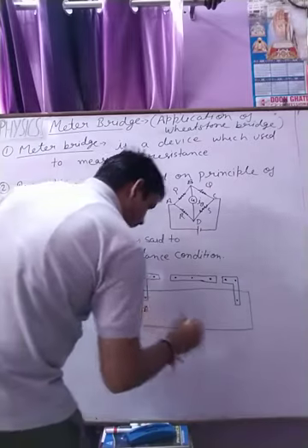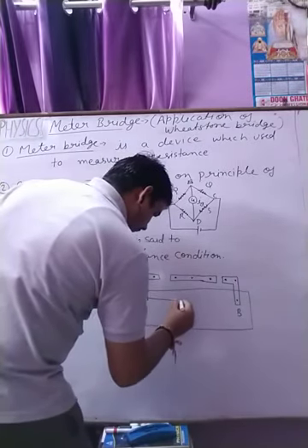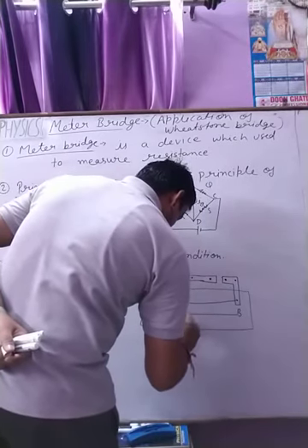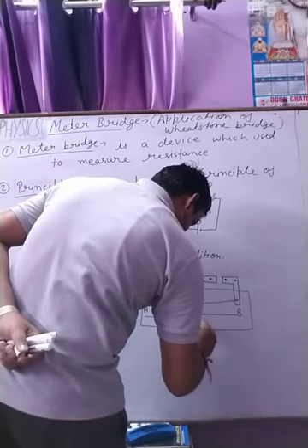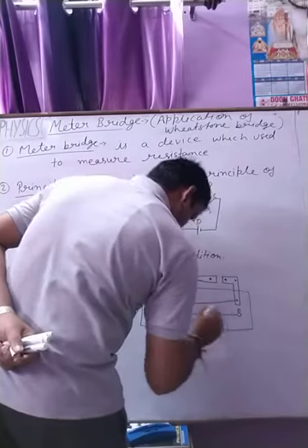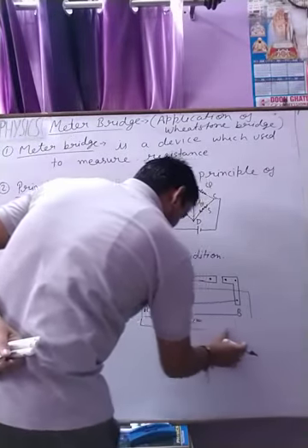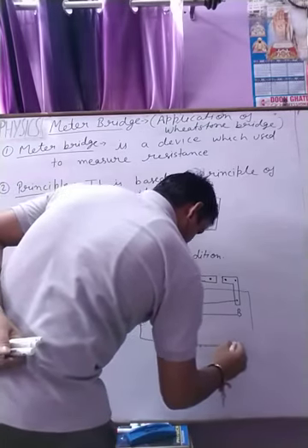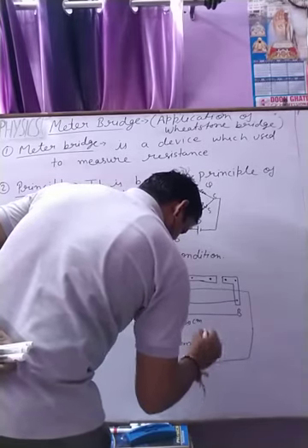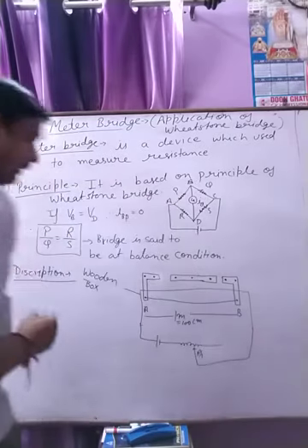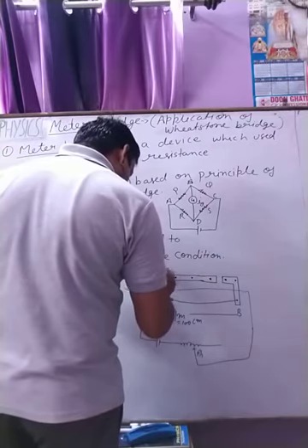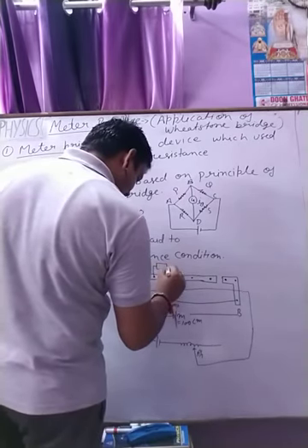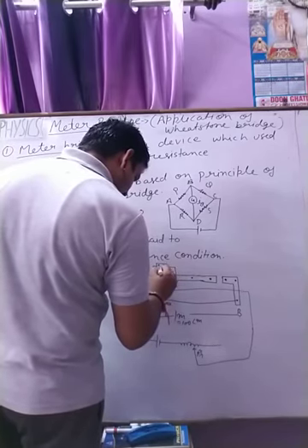It has a 1 meter length wire and a rheostat is also connected, and in the first gap we connect the resistance box which provides the known value of resistance.